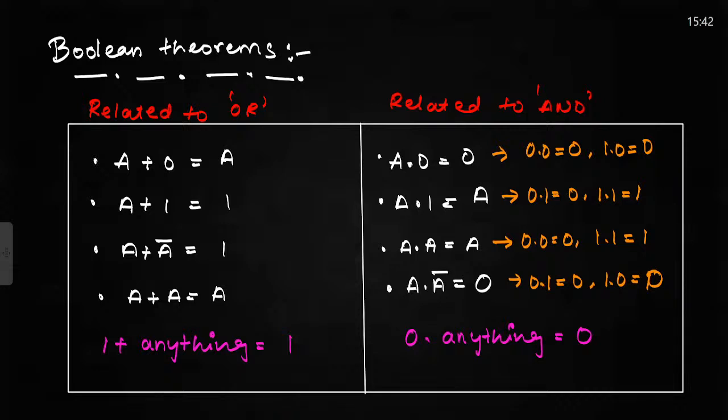Now let us understand some important Boolean theorems. Let us say I am having A of B plus C. Then that will be equal to AB plus AC. So what we can write here?